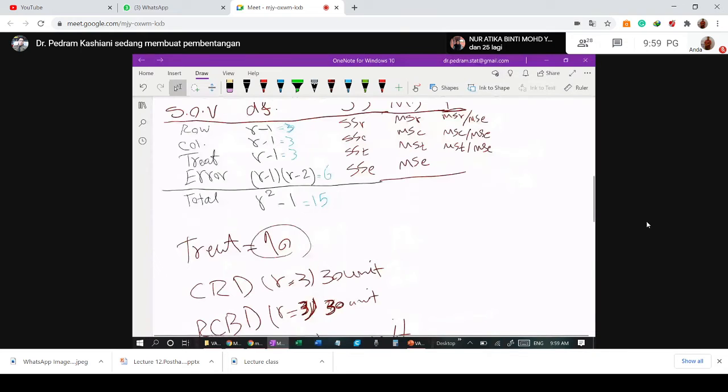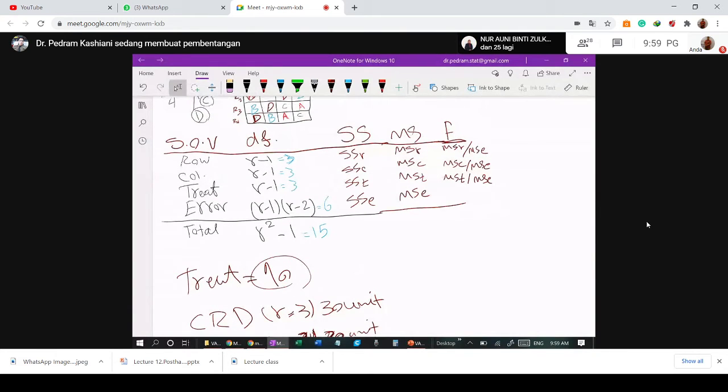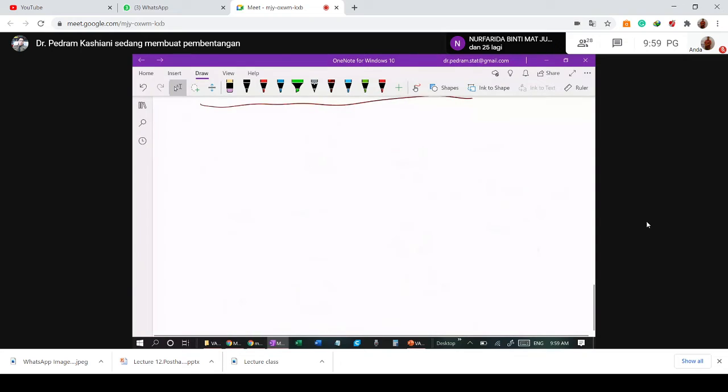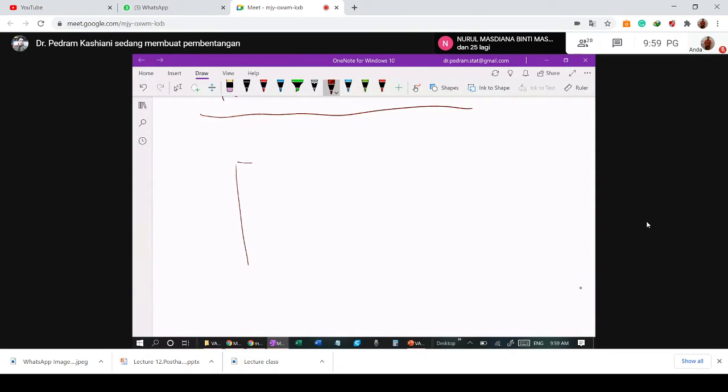But if you have to do this, especially in greenhouse experiments, it is very possible you have more than one direction of variation. So in that experiment, we have to do Latin square. For example, if my study is here, this is my greenhouse, this is the door, I go inside the greenhouse. Let's say there is one air conditioner here, so this area is always cool, this area is a little bit warm.